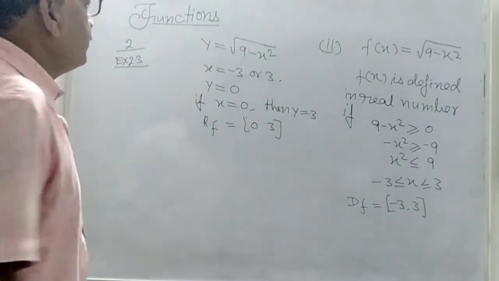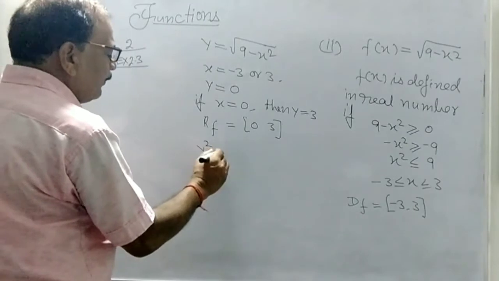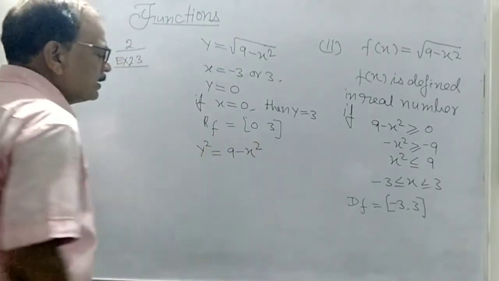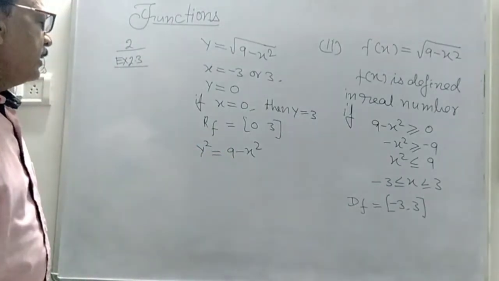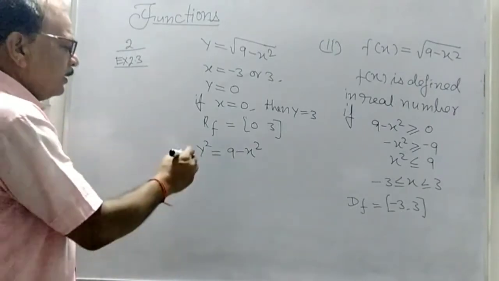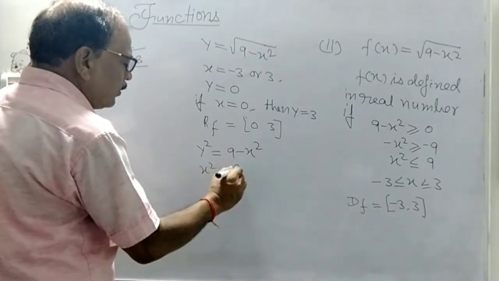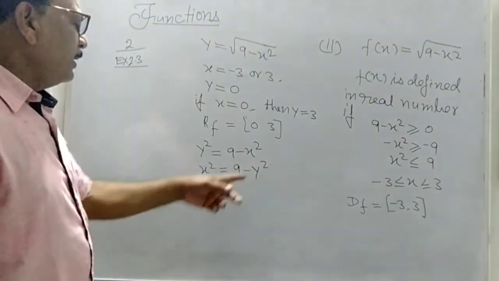Here from this we can also discuss y square equal to 9 minus x square. Now here you see x square equal to 9 minus y square.